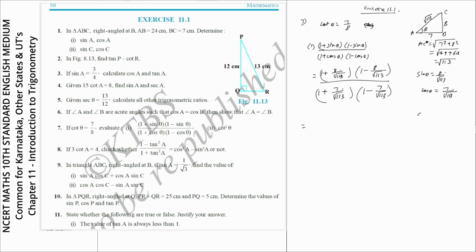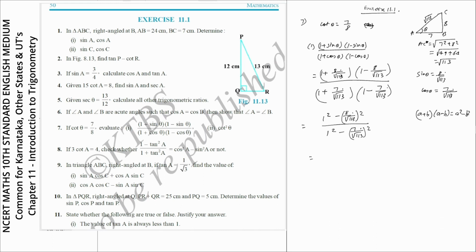This is in the form of a plus b into a minus b is equal to a square minus b square. Therefore 1 plus 8 by root 113 into 1 minus 8 by root 113 is equal to 1 square minus 8 by square root of 113 the whole square, divided by, in the denominator, 1 square minus 7 by square root of 113 the whole square.